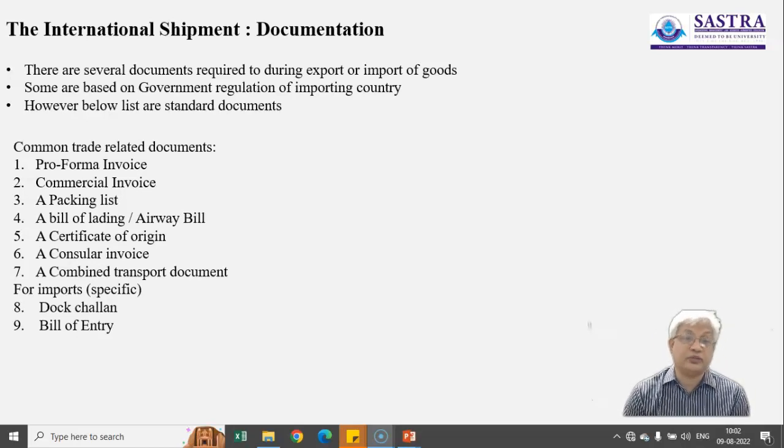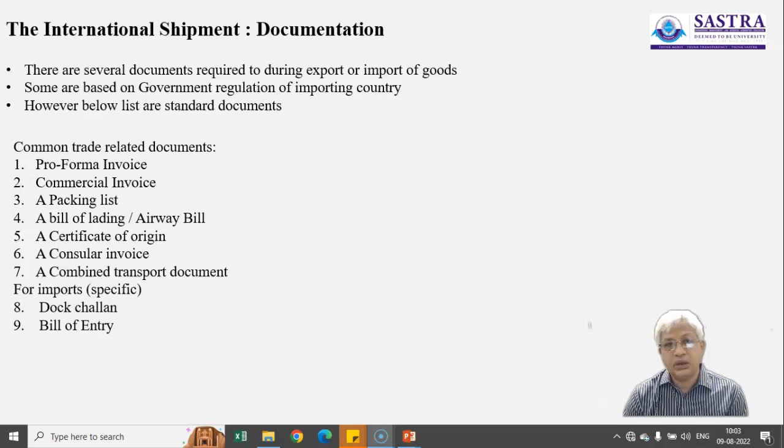Then a combined transport document. Well, this depends on the mode of the shipment. If you're using only sea, then the company need not release this document. For imports in specific, along with all the above, there is a dock challan and a bill of entry.